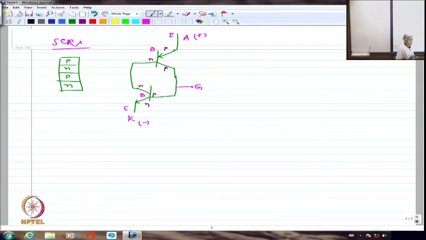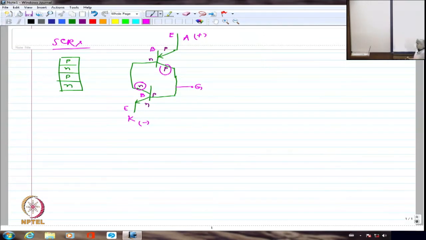N is negative and P is not having any potential as such. So both these will be forward biased, but if you look at the N of the collector here, either this or this, that particular junction is reverse biased because we are not applying any voltage at all. So they are going to be essentially reverse biased.